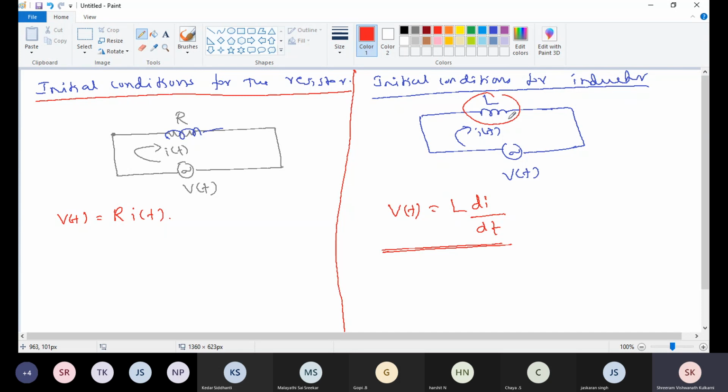The current will not increase instantaneously according to the applied voltage. This would require infinite voltage across the inductor. So an inductor does not allow an instantaneous change in the current through it.